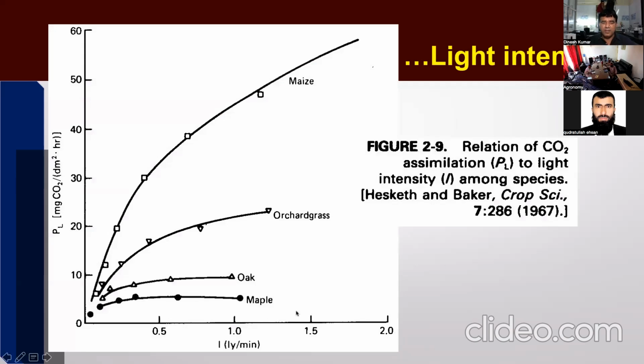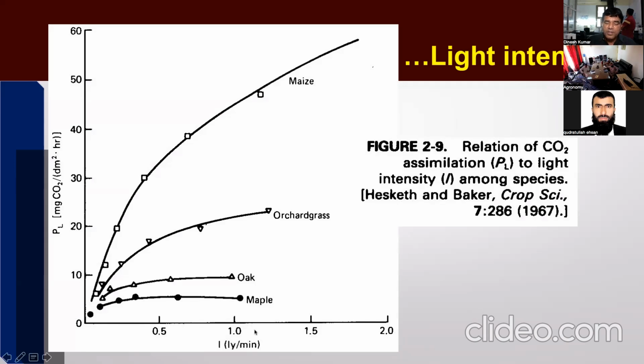Now you see on the x-axis the relationship between light intensity and the photosynthesis rate. On the x-axis, we have light intensity, which increases from 0 to 0.5 to 1 to 1.5 up to 2 Langley per minute. Ly is the unit.